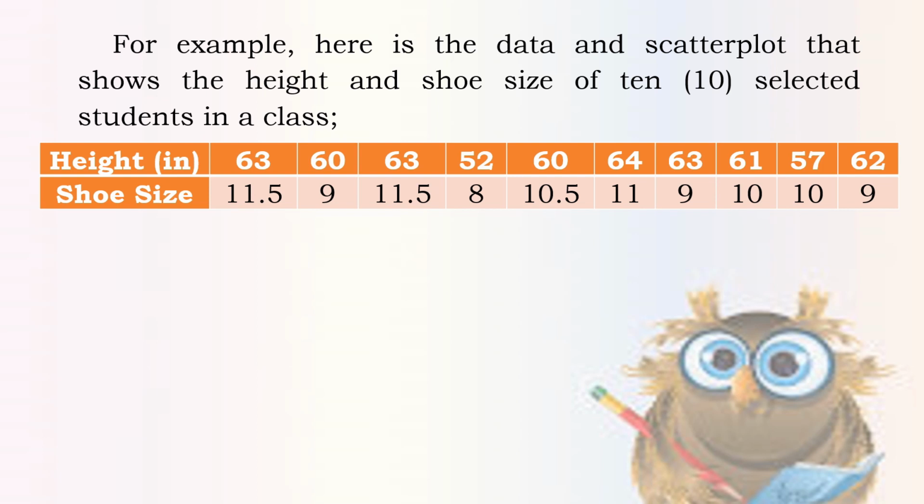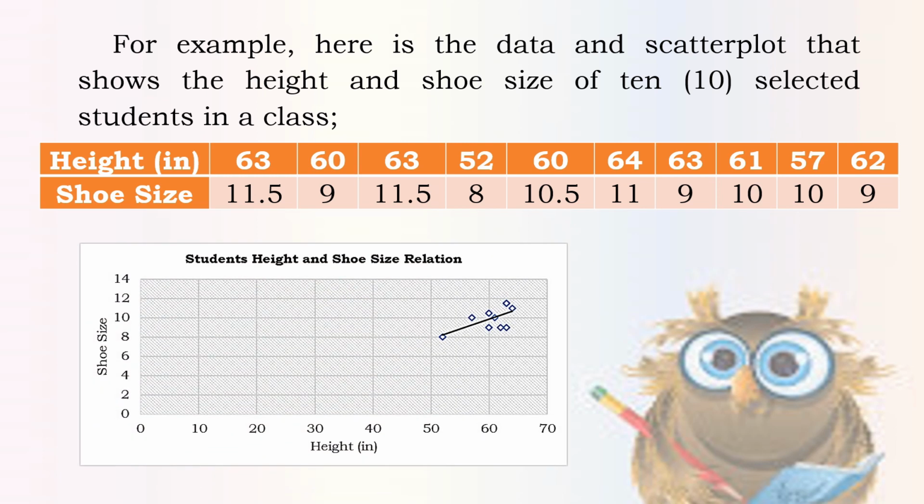Let's take a look at this example. Here's the data and scatter plot that shows the height and the shoe size of 10 selected students in a class. So here is the table, and take a look at this graph. This is the graph that represents this table.